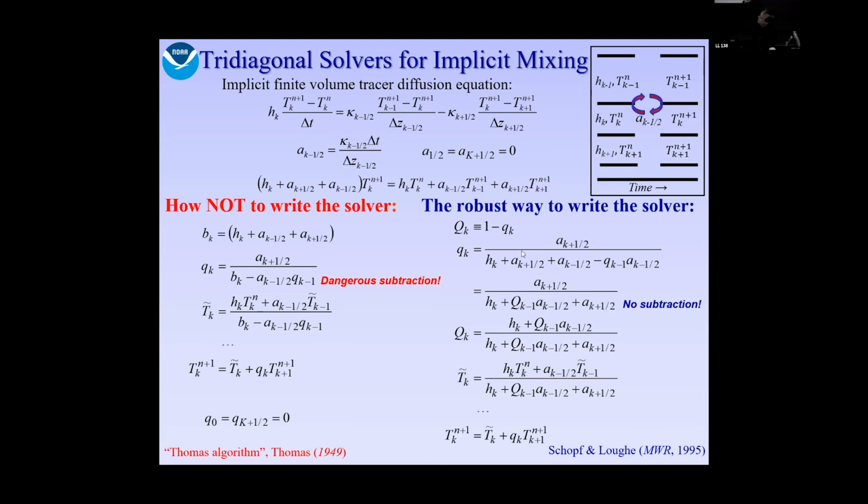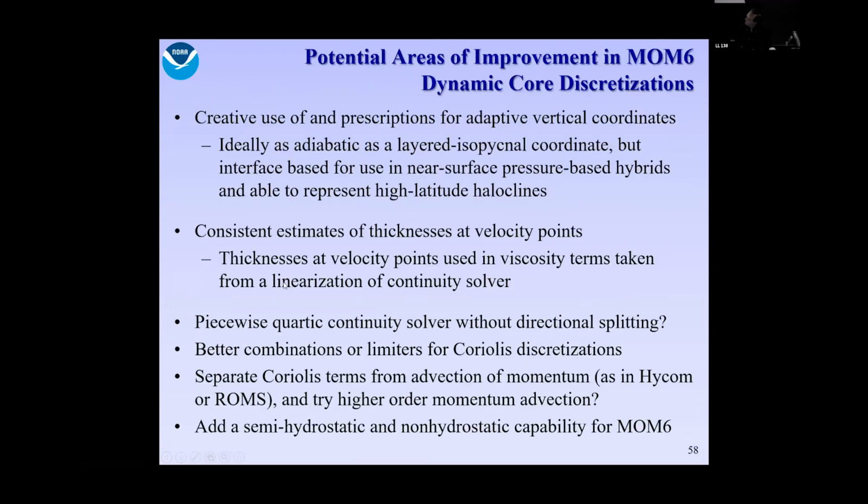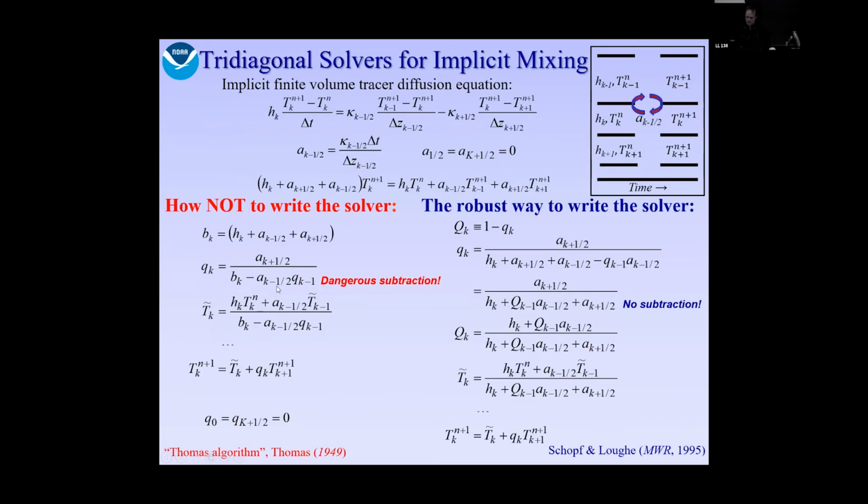In this case, this is vertical diffusion of a tracer, but the same applies for velocity. You identify the diagonals, and then you go down through your matrix and you do Gaussian elimination. You subtract off various terms. The problem is with the traditional Thomas algorithm, this second step where you're estimating the pivot, you have this subtraction in the denominator.